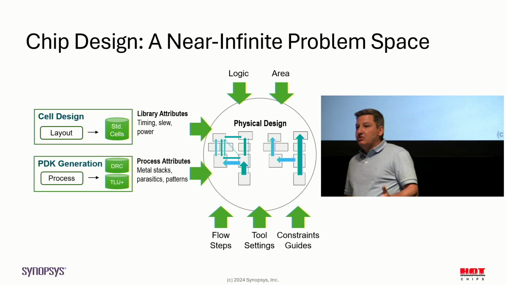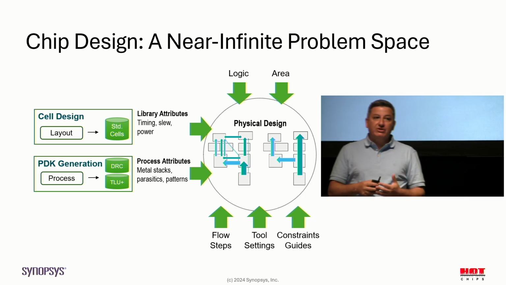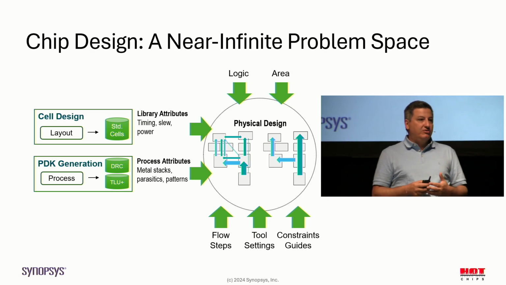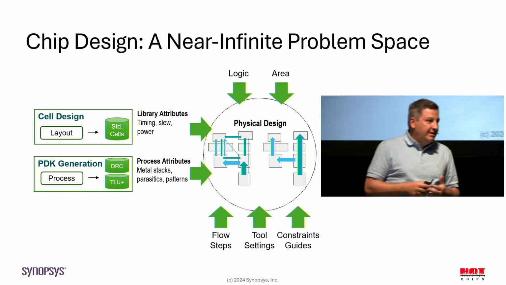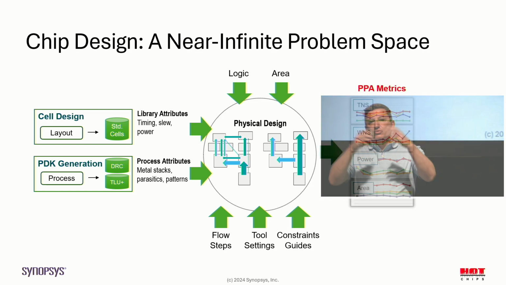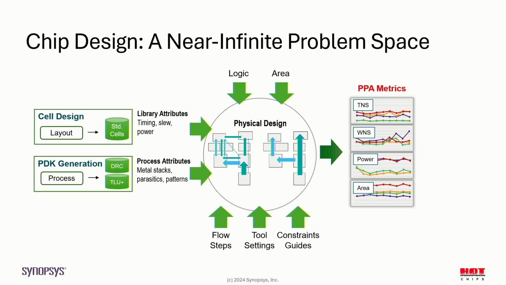Of course, we have optionality inserted by PDK generation, so our foundries give us characterization of interconnects, metal stacks, parasitics, and so on and so forth. Now, all of those go into a physical design flow mill, if you'd like, and out the other end comes a design. And the design we tend to analyze, again as Mark described, based on a lot of metrics.